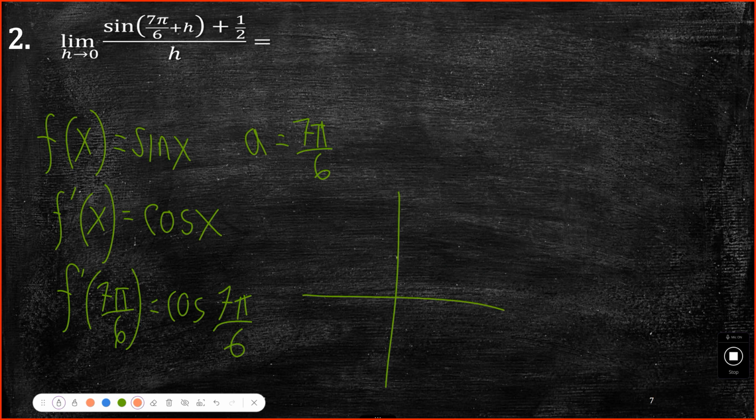I'm looking at over 6, so it's related to something over 6. Over 6, that's 180 divided by 6, that's 30 degrees. 30 degrees is this one, this is pi by 6. And then it was over 2, over 2, over 2.